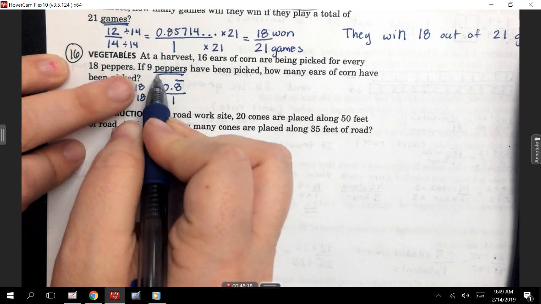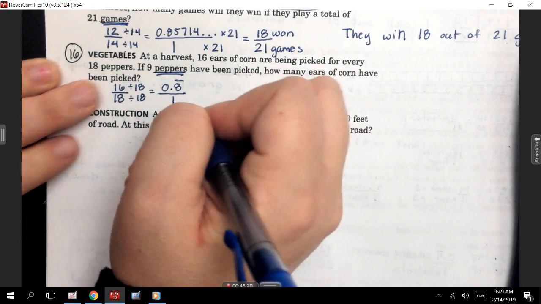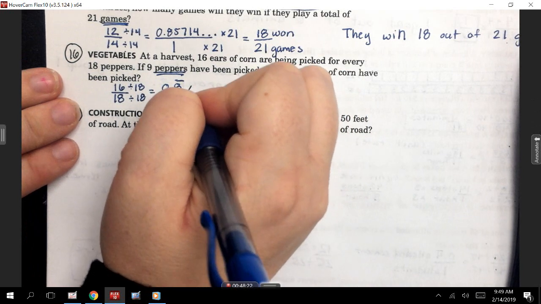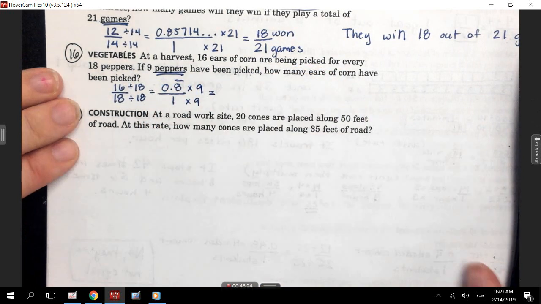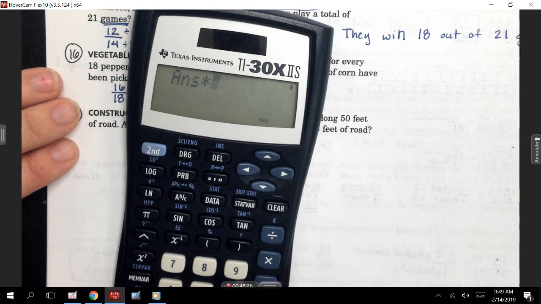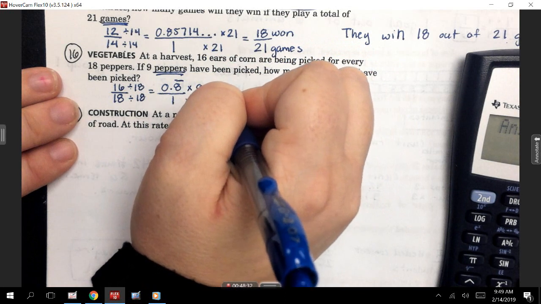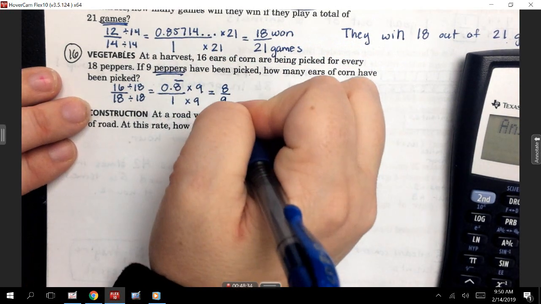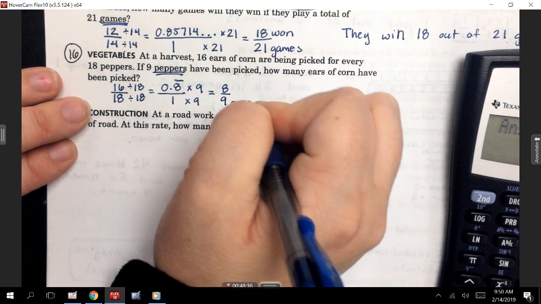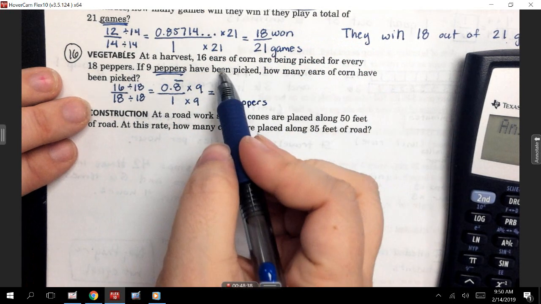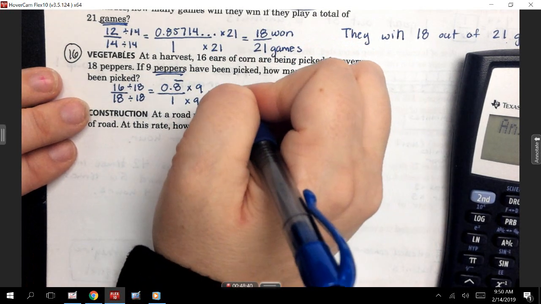I changed it to 1 pepper. Now I want to change it to 9. So I'm going to do times 9. Again, just using that like it is, times 9 gives me 8. And 1 times 9 is 9. Again, the bottom number was my peppers, and the top number is the corn.